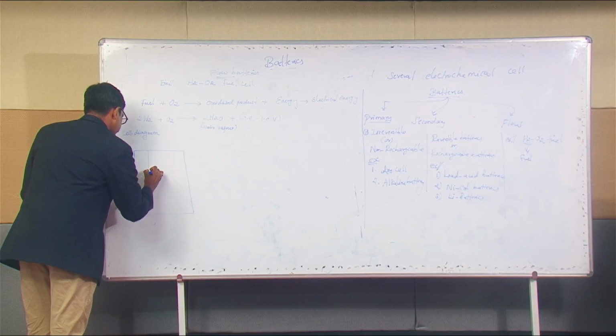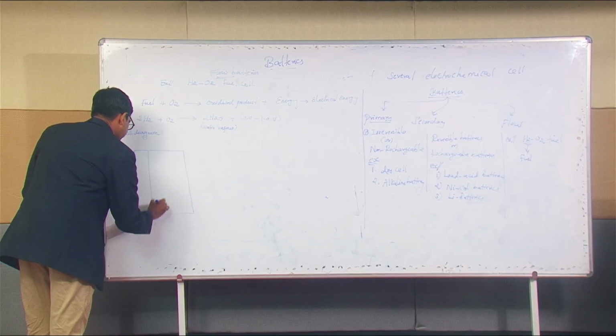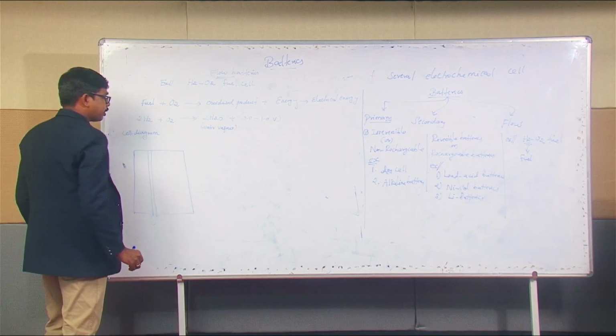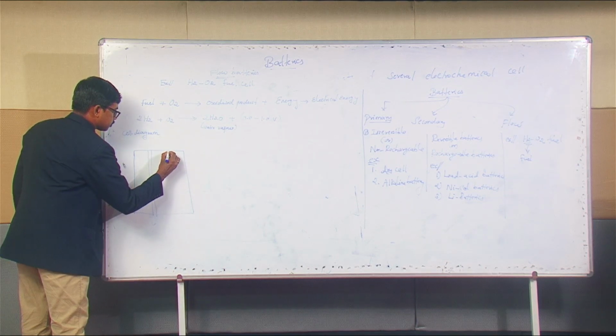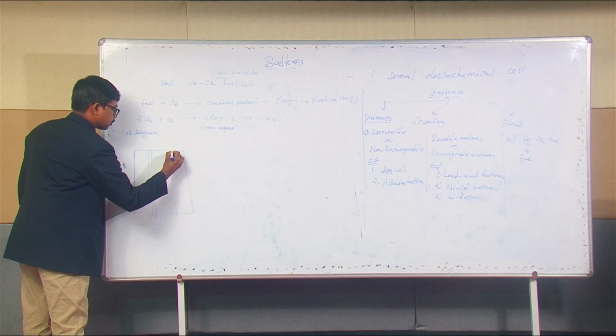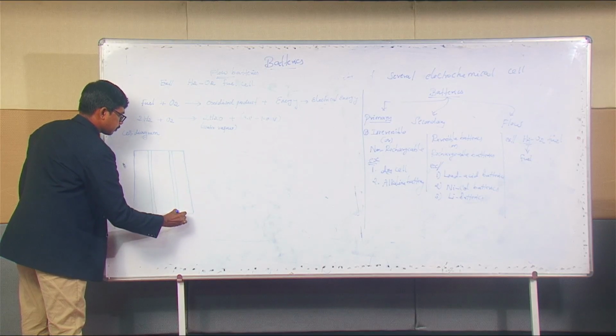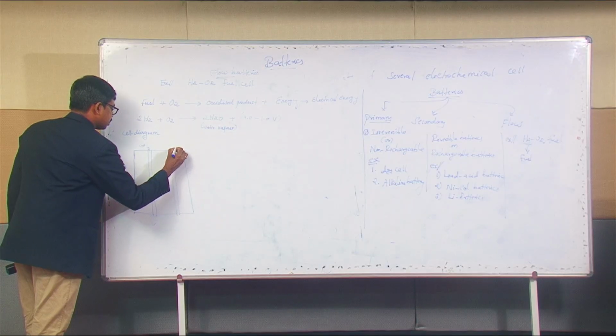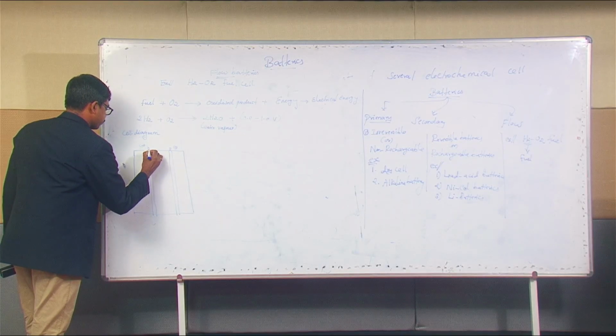We separate it into an anode compartment and a cathode compartment. I consider this one as the anode compartment, and this one is the cathode compartment.